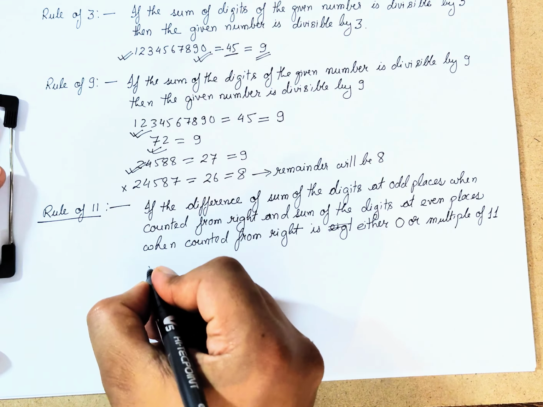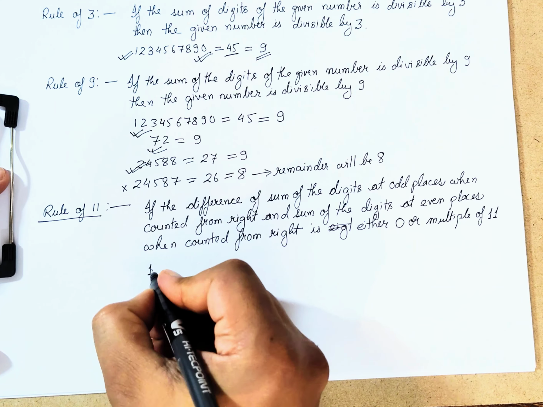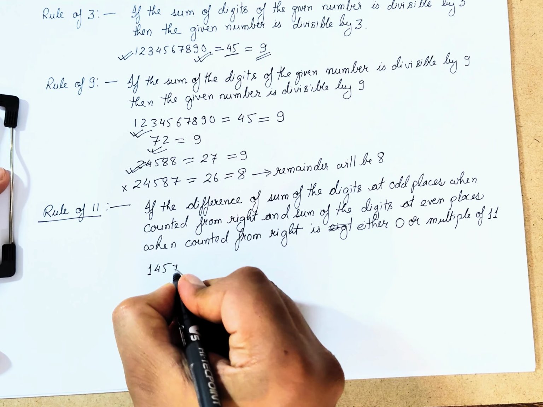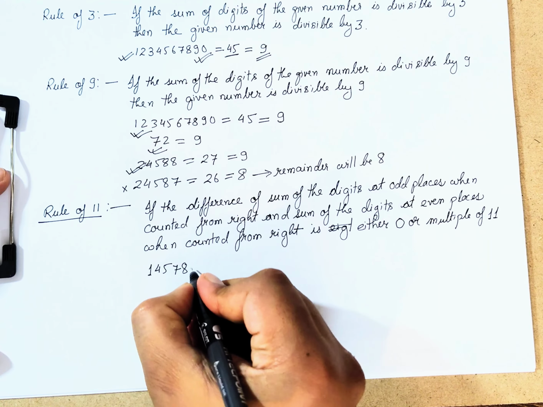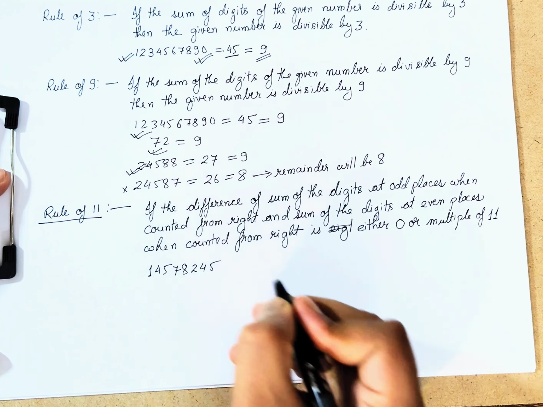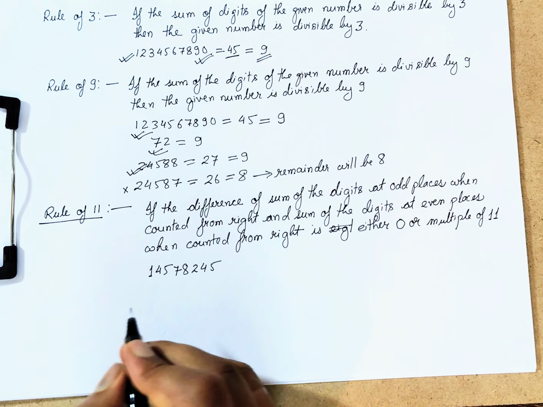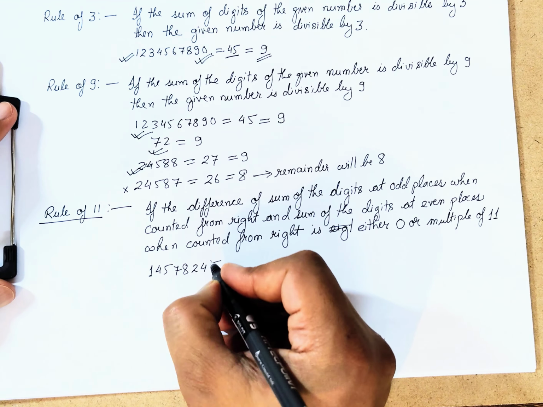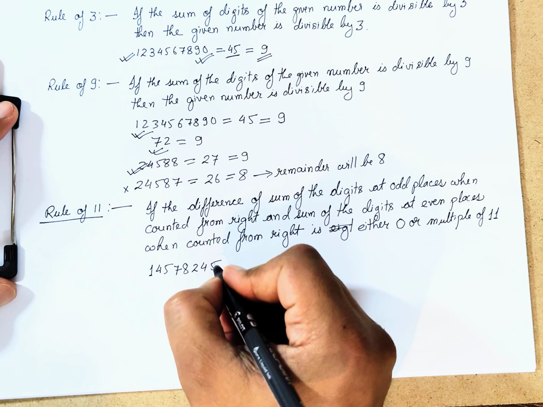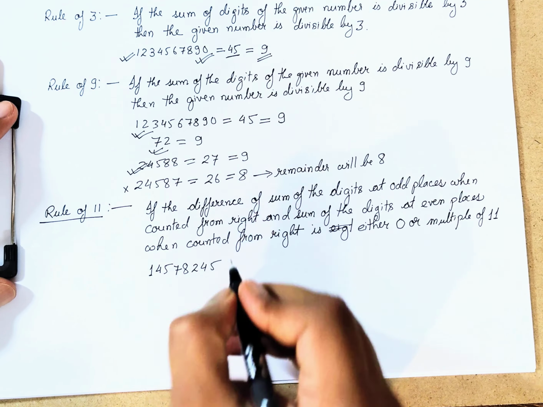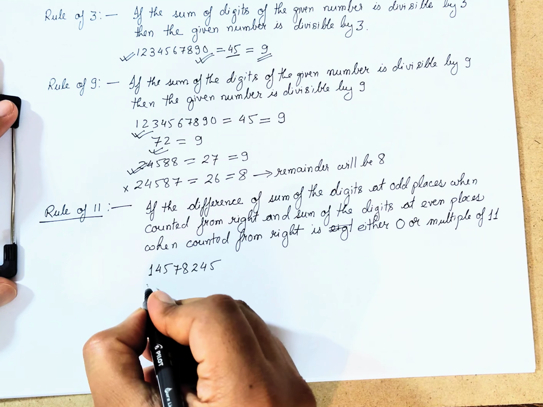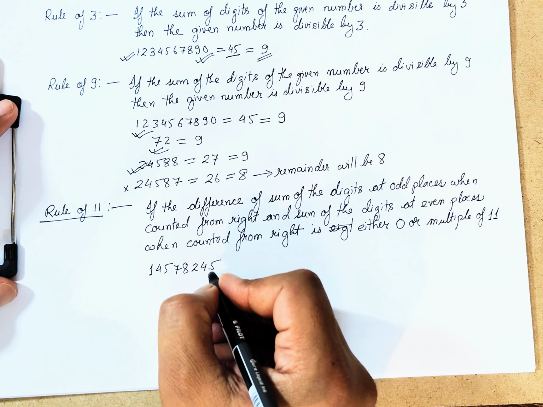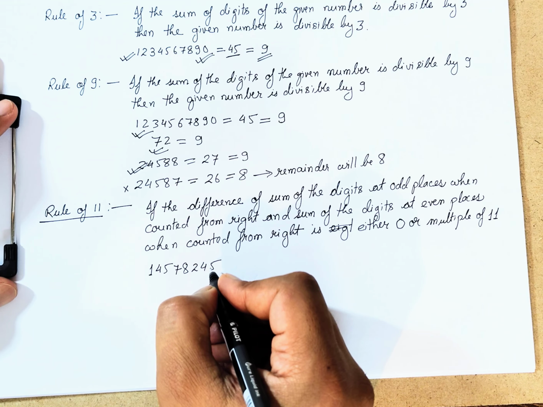Let us take some example. Say for example the given number is 1, 4, 5, 7, 8, 2, 4, 5. Now to see whether this number is completely divisible by 11 or not, we will take the sum of all the digits at odd places when counted from right.